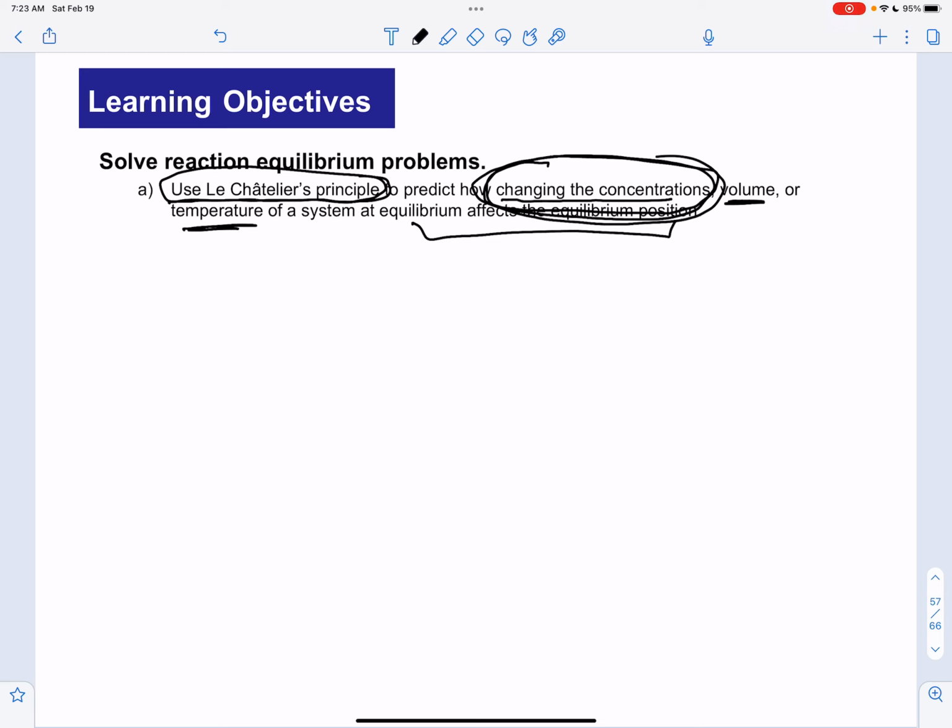Because I told you before, if my equilibrium constant is less than 1, it's not going to favor the products. However, by using the Le Chatelier principle, as I make the product, which is going to be a little bit with something less than 1, if I remove the product out of the system, the Le Chatelier principle will tell me that it's going to try to replace it to get it back into equilibrium to that amount.